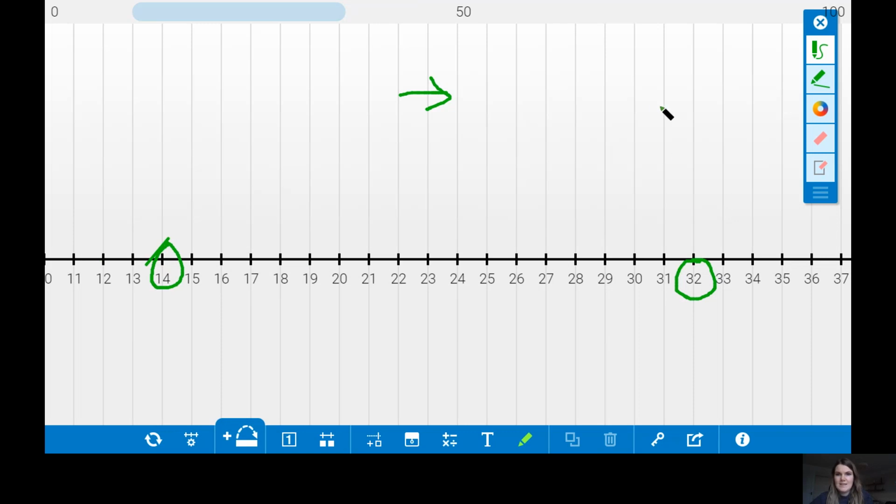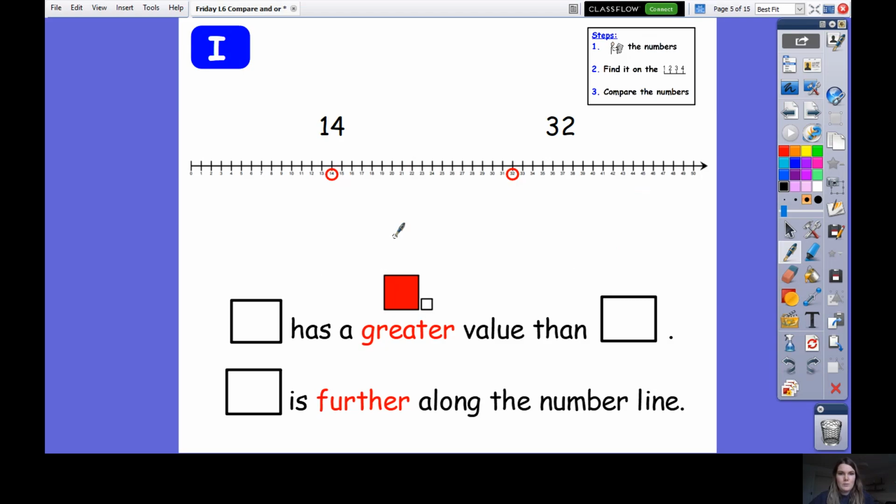So I think it's 32. 32 is furthest along the number line. So 32 must be greater than 14. Amazing. So we know that 32 has a greater value than 14 because 32, well done, is further along the number line.